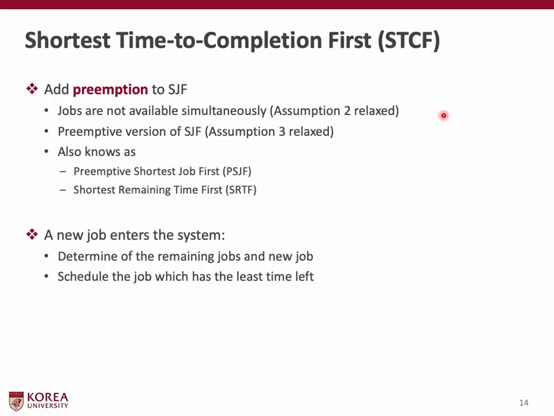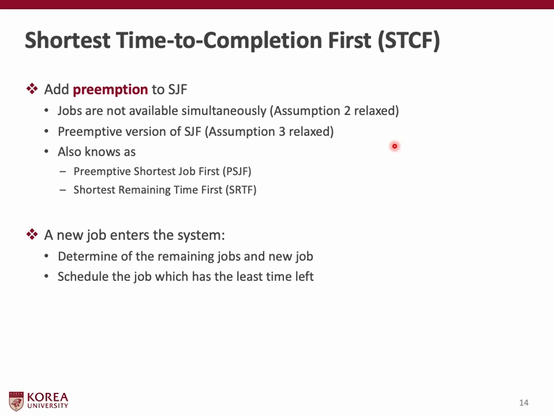To fix the problem, we need a scheduler that can react when shorter jobs arrive, even if a long job is already running. To do that, we now relax assumption 3, which is that each job runs to completion once started. This means we allow preemptive scheduling.